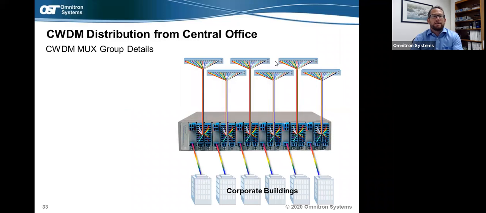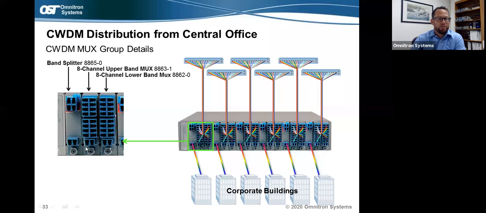Another nice way of looking at CWDM from a service provider perspective and saving on costs is to be able to deliver more services over your existing fiber to your end subscribers. So another application here showing our CWDM multiplexer cards all within this iConverter 19-slot chassis. So there's a few different CWDM MUX groupings installed there.